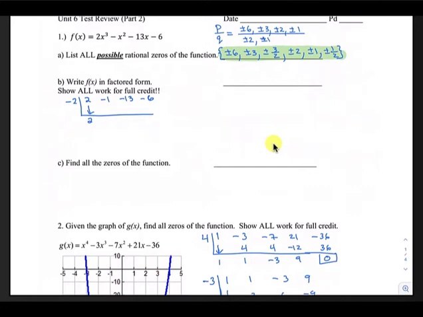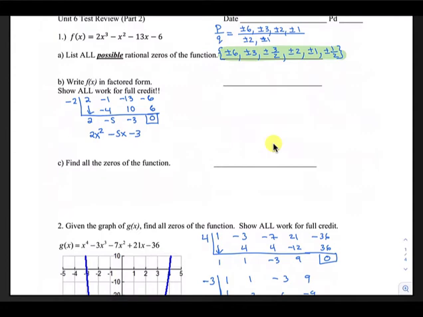So 2 times -2 is -4, minus 1 is -5, times -2 is +10, minus 13 is -3, times -2 is +6, and then minus 6 gives us a remainder of 0. The resulting polynomial would be 2x squared minus 5x minus 3.